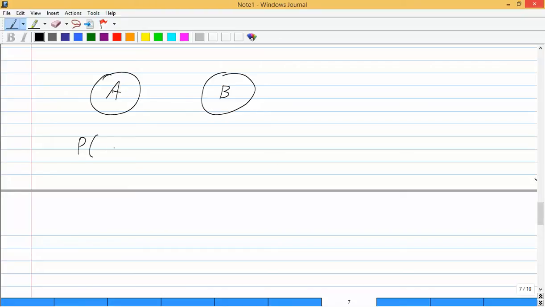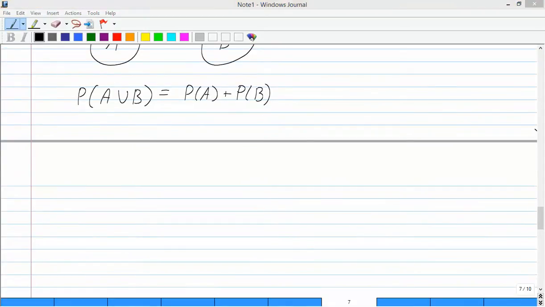The probability here is equal to the probability of A plus the probability of B. All right, let me show you an example of this.